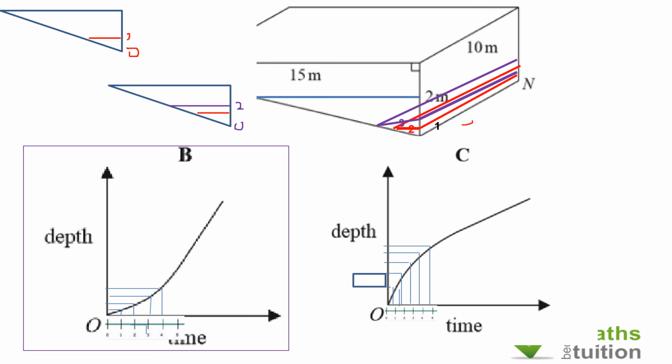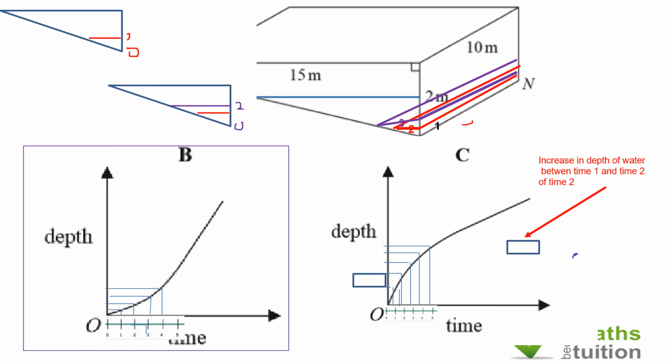Because water is being introduced into the swimming pool at a constant rate, the rate at which the depth of water changes will be smaller compared to the rate between time 0 and time 1, because from time 0 to time 1, we've got a smaller volume there. So the change in the depth of water between time 1 and time 2 will be similar to this rectangle here.